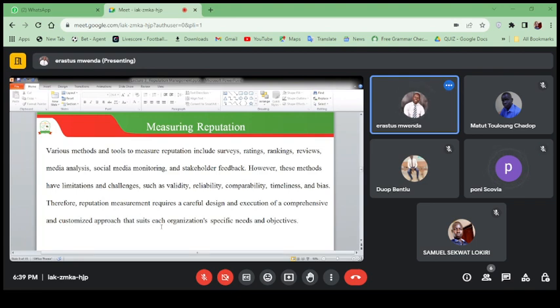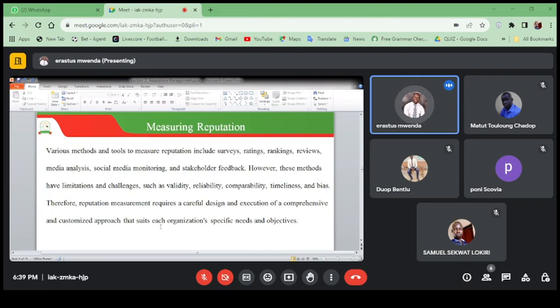When we are doing reputation measurement, we need to have a careful design and execution of a comprehensive and customized approach. So if you are in charge of the organization, you are part and parcel of the organization. If somebody suggests that we need to measure our reputation, you could easily give them any of these methods to use based on the results that they intend to get.